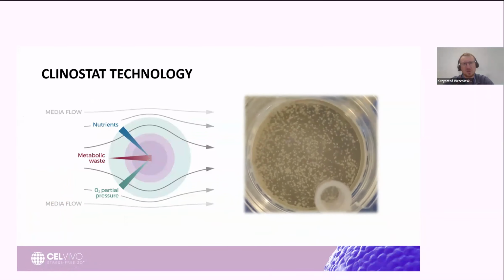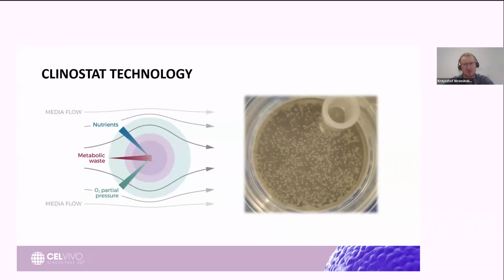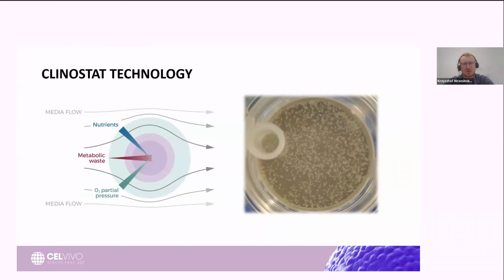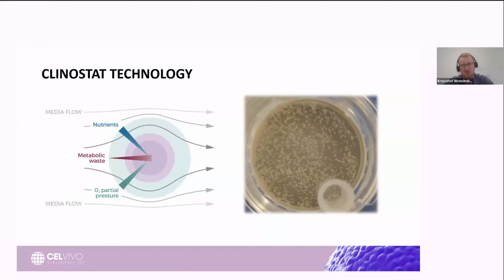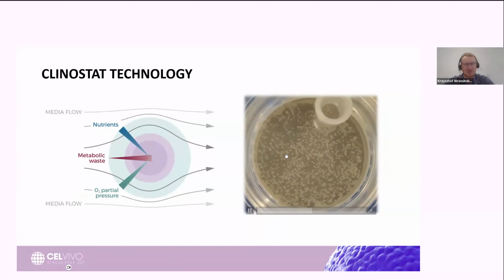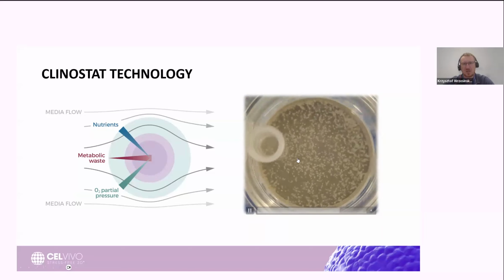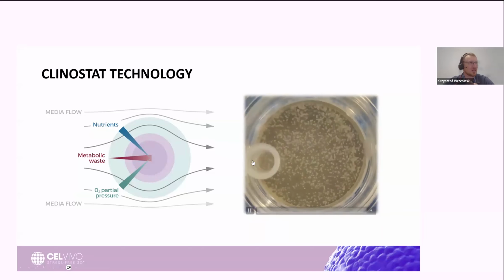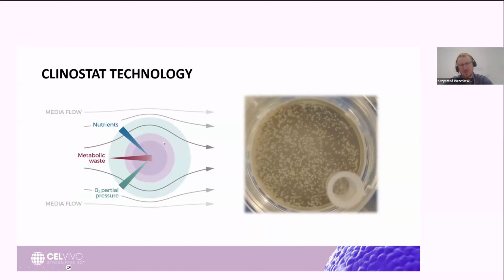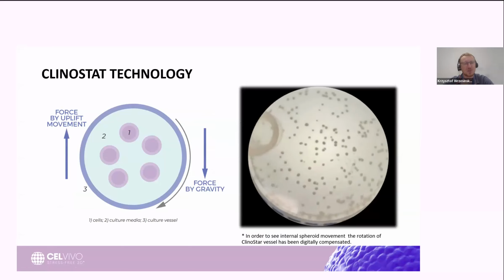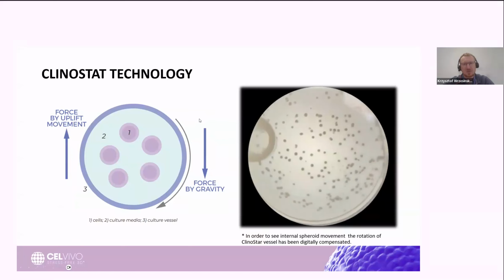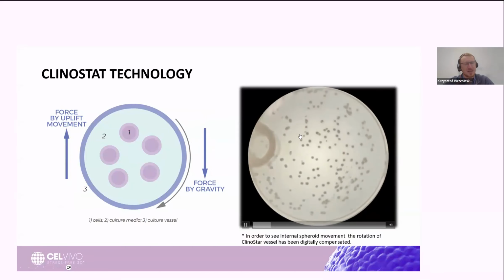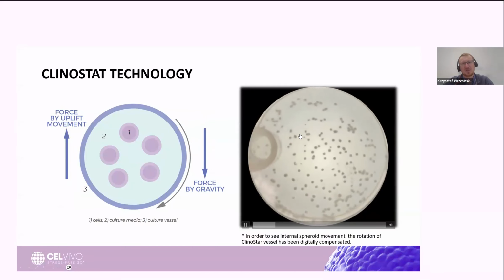So what we do is that our clinostat system utilizes the clinostat principle, which allows us to remove the nutrient depletion zone from around the growing construct without increasing shear force. How do we do it? The system basically utilizes a gentle rotation and gravity force to keep constructs in a suspended state.